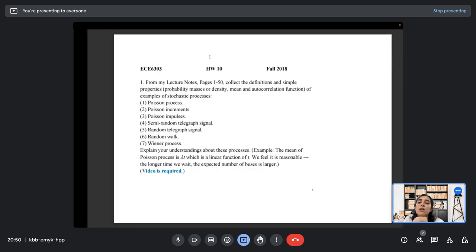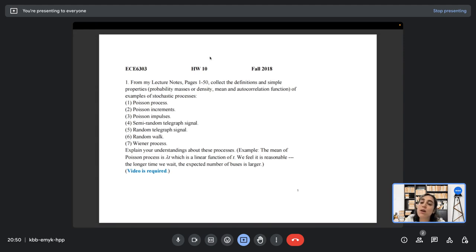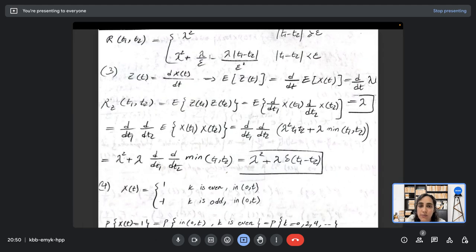Okay, so let's go to the third one. The third one is Poisson impulses. What is Poisson impulses? The Poisson impulses is the derivative of the Poisson process with respect to t.